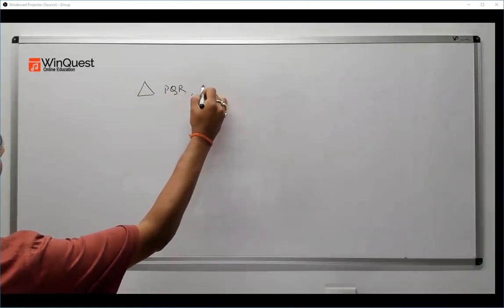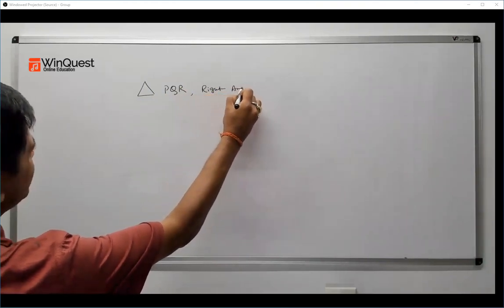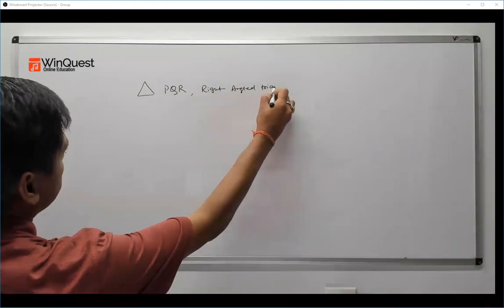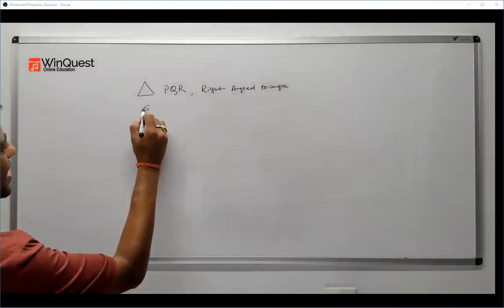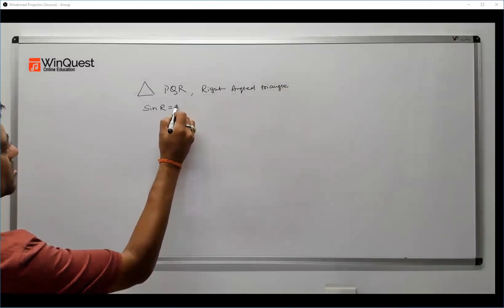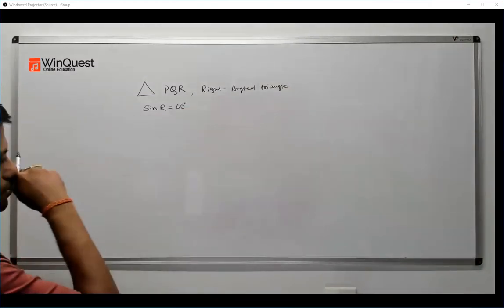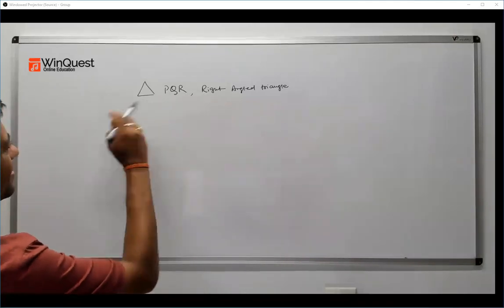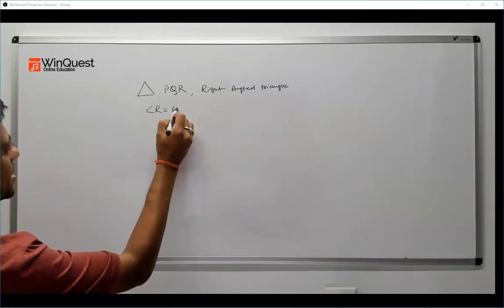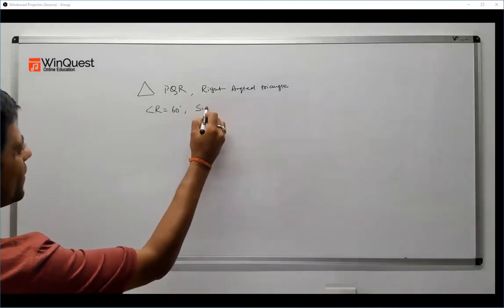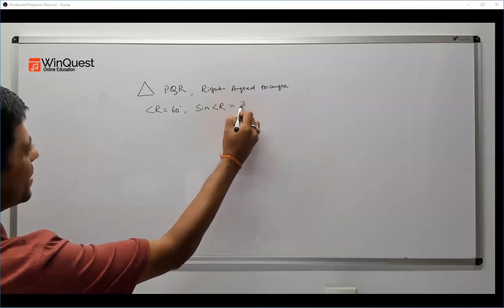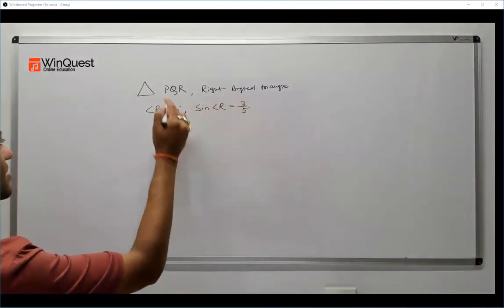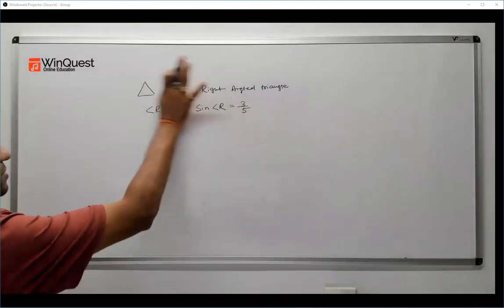Let's say angle R equals 60 degrees. Actually, let's not take that information.